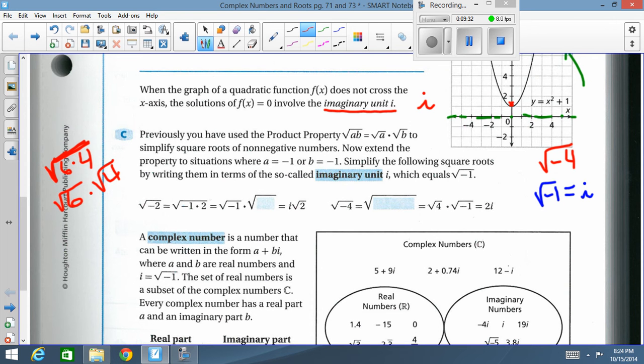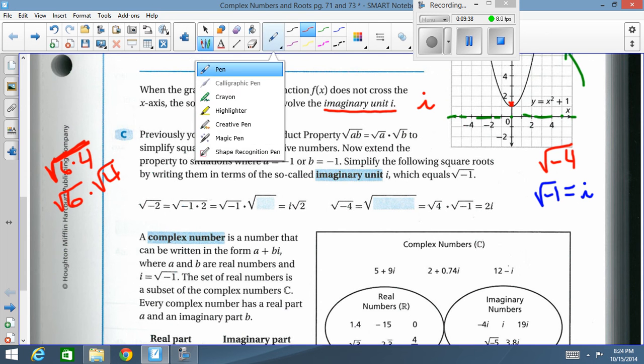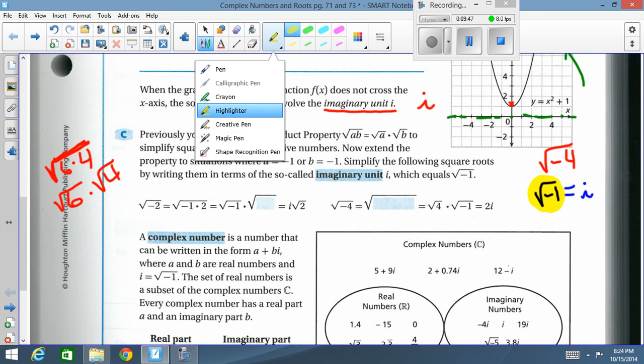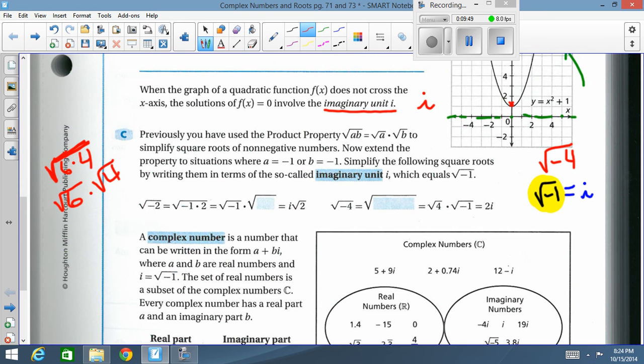That's all the product property really says. The way that's going to help us is because my goal when I have a negative under a radical is to isolate the square root of negative 1, because I know I can replace the square root of negative 1 with an i. And then I can do actual work with whatever is left under the radical.